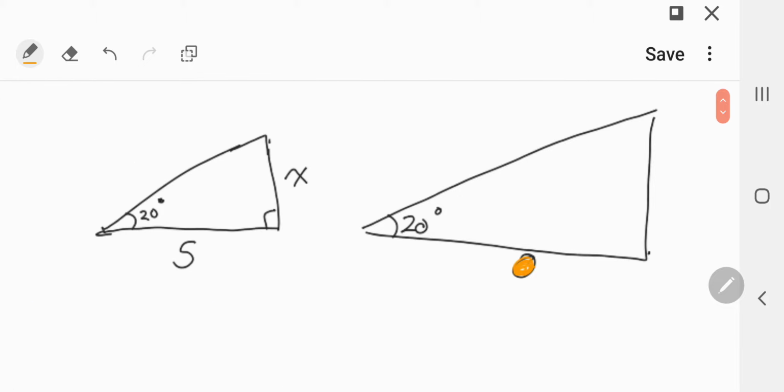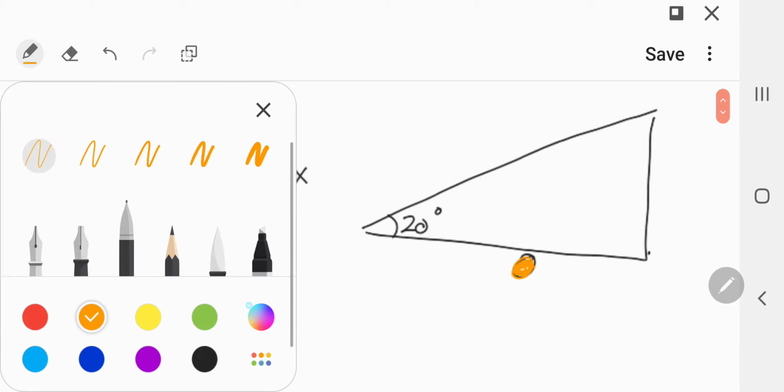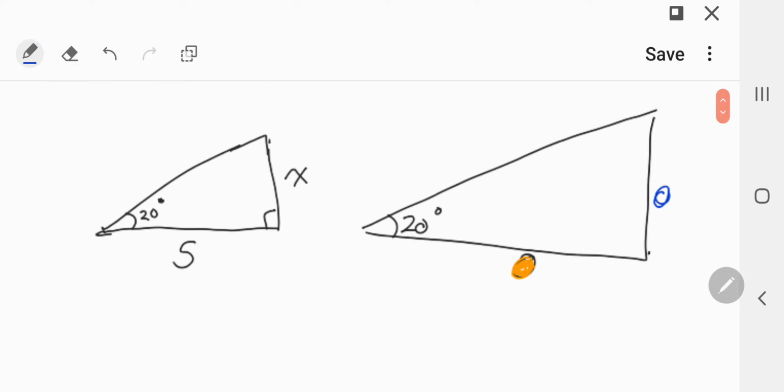This side, orange side, versus blue side is always going to be the same. Now you might be saying, wait, the orange side is bigger than this. Yeah, but the blue side is bigger than this. In fact, they both got bigger at the same rate. So no matter what the size of the triangle is, the ratio is the same if this angle is 20.